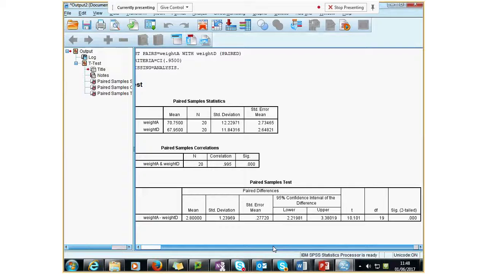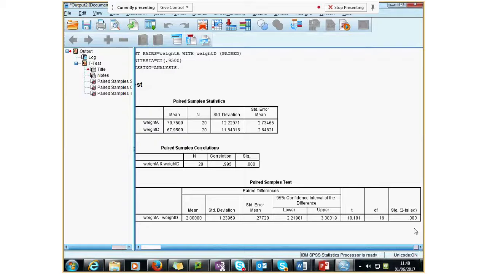And we can see towards the right-hand side, this is the t-statistic that was calculated. And in this particular case, it was the total number minus 1 for degrees of freedom. Don't worry about that. But here's the thing that we're really interested in, the significance, and this says 0.000.